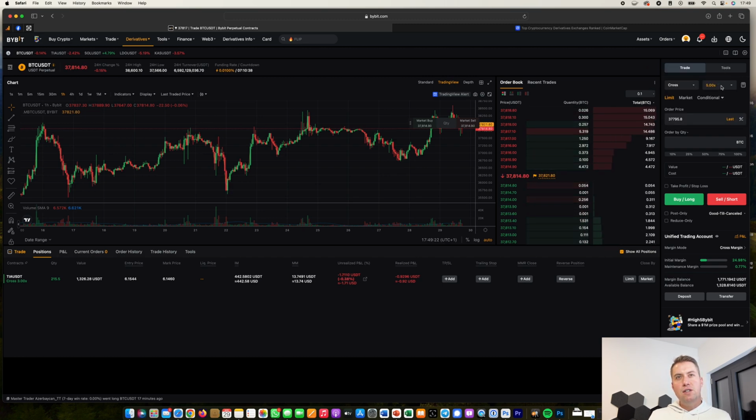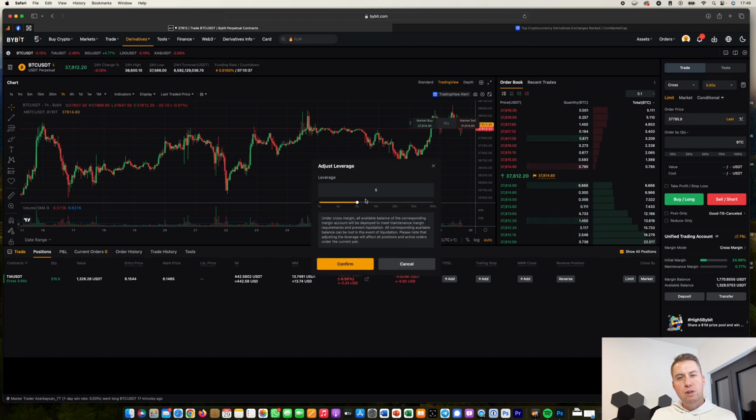However, here you can also select a leverage. So if you want to trade Bitcoin, you can use a leverage of up to 100x. I wouldn't recommend that. 100x basically means if you have 1,000 US dollars in your account, you can open up a position up to 100,000 US dollars. However, if the price runs just 1% against you, you will be liquidated.